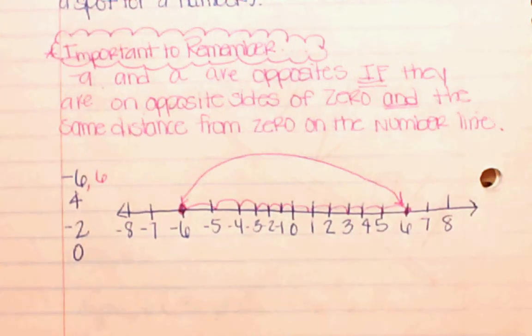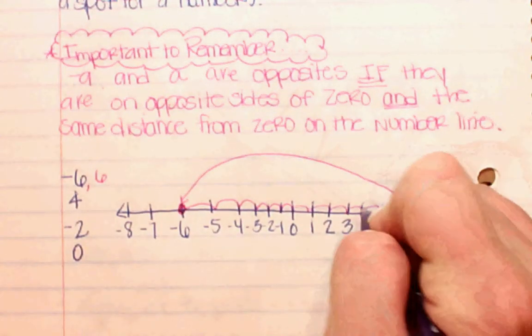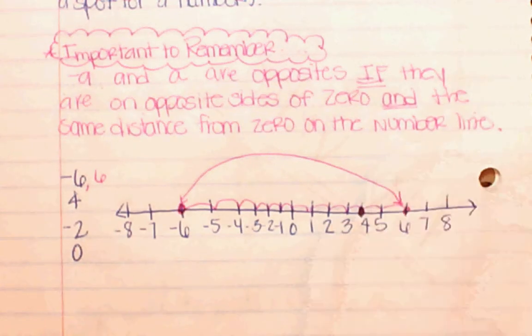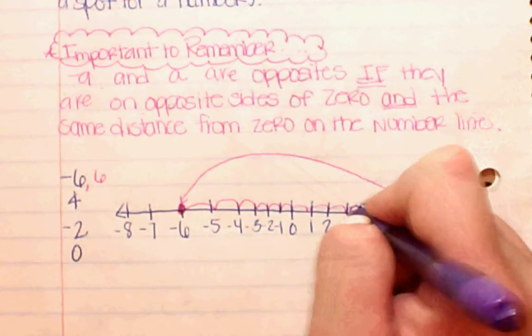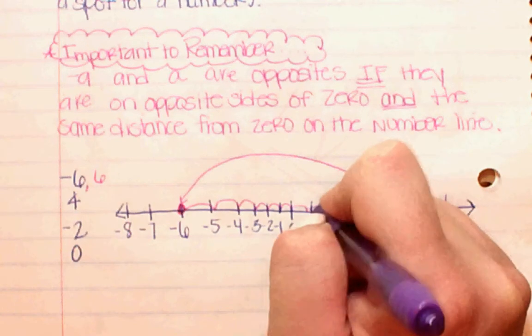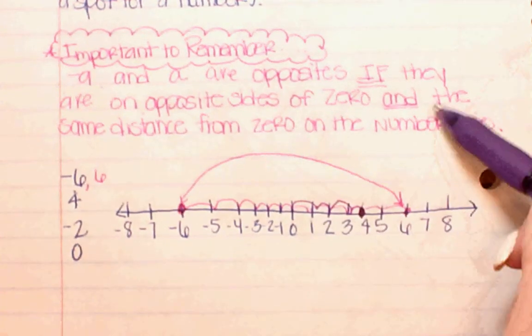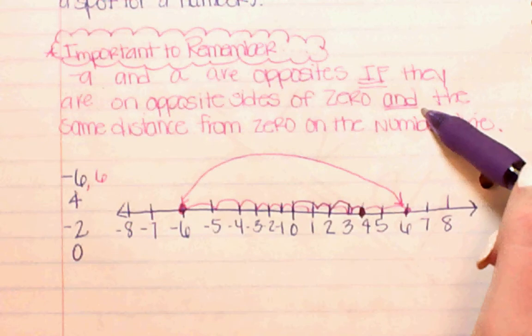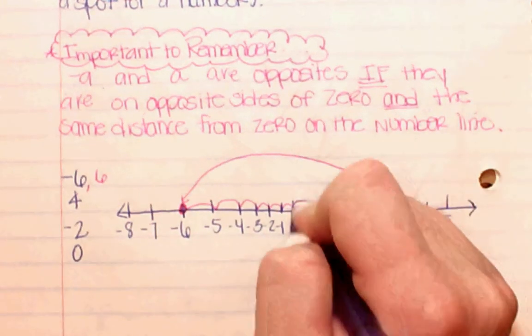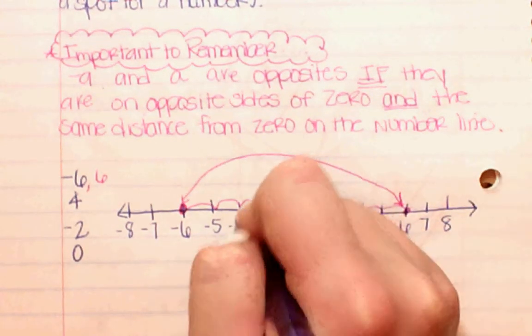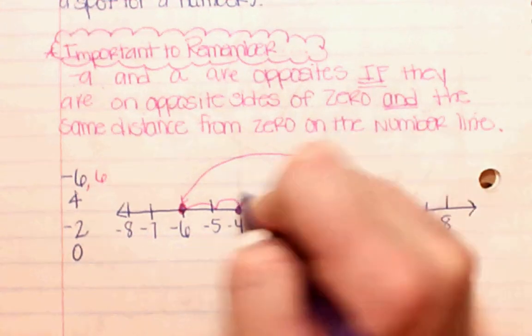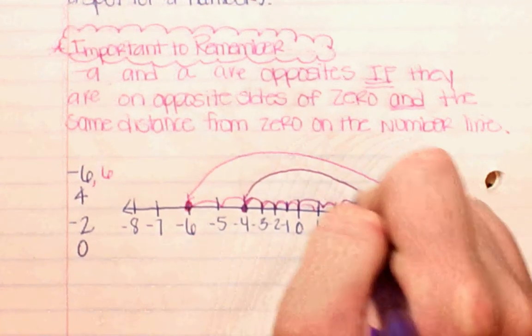I'm going to plot my next one, which is 4. And I'm going to count my jumps: 1, 2, 3, 4. Following the criteria up here, I have to go 4 to the left now: 1, 2, 3, and 4. So the opposite of +4 is -4.